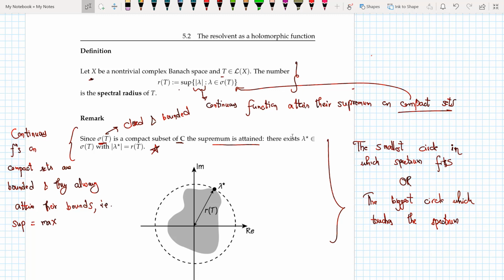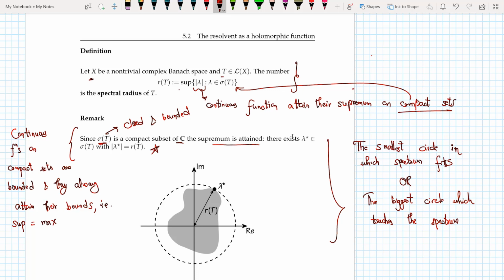And I know that sigma T is a compact set because earlier I proved that rho T was open, so that sigma T is closed, and it is of course bounded. So continuous functions on compact sets are bounded and they always attain their bounds, such that supremum equals maximum.